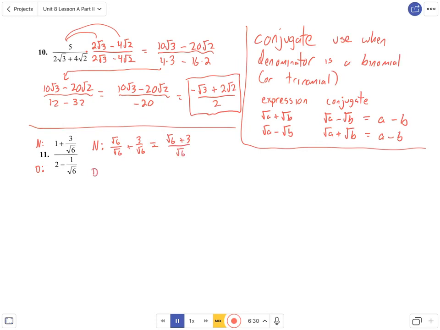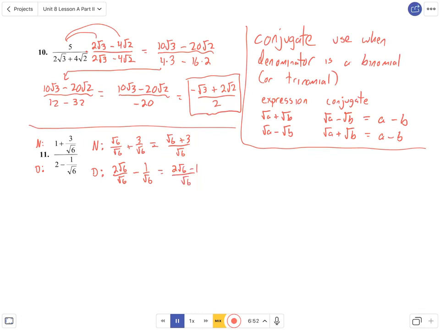My denominator term is the same idea, common denominator is rad 6. So I have 2 rad 6 over rad 6 minus 1 over rad 6, which is 2 rad 6 minus 1 over rad 6.